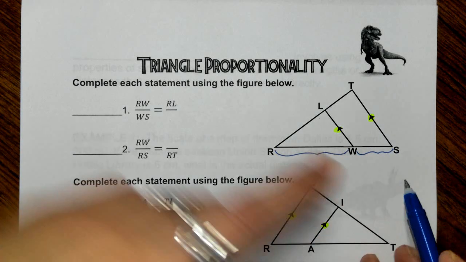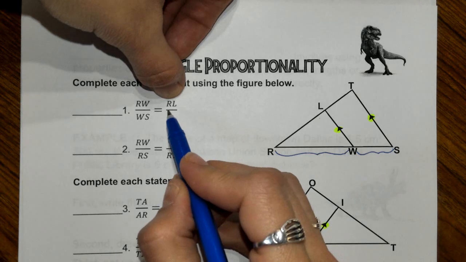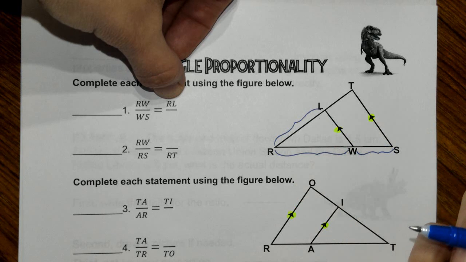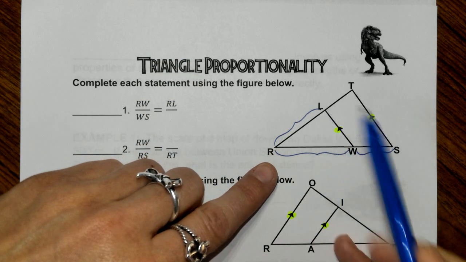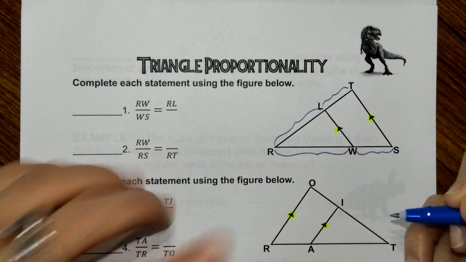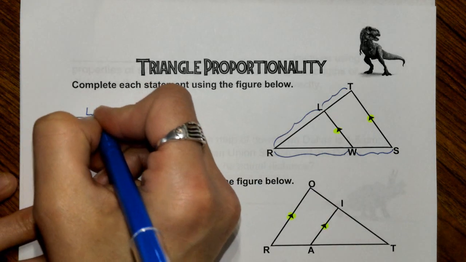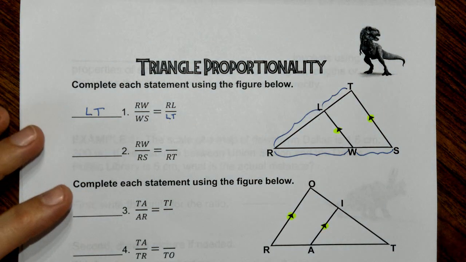Next, over here, we've got RL, same color, RL, to, well, which part's missing here? Right here at LT. So LT would go right here. This is one way you can set up a proportion, and we'll see this in the examples. This is my favorite way to do it. It's the easiest in my opinion. Let's take a look at the other one.